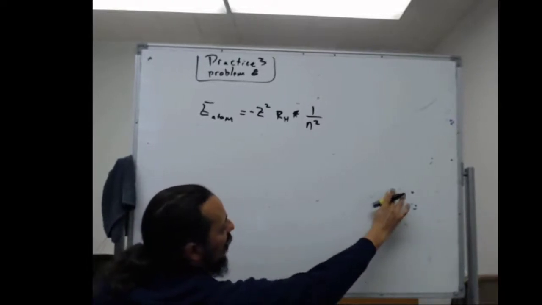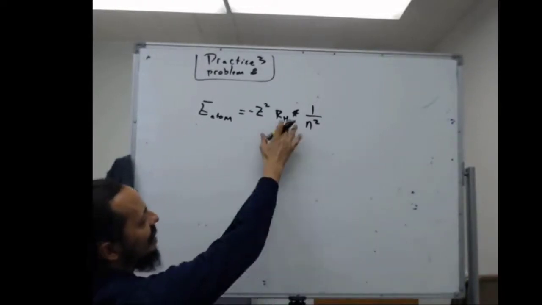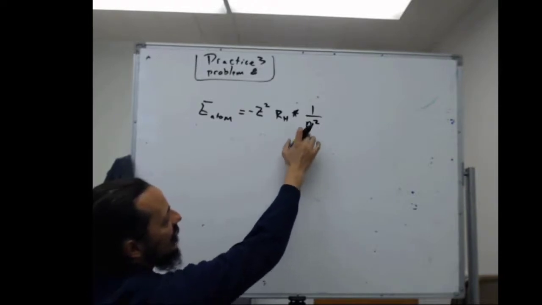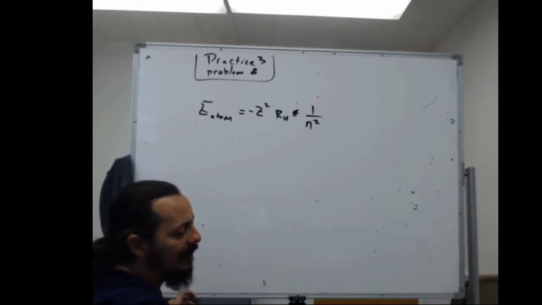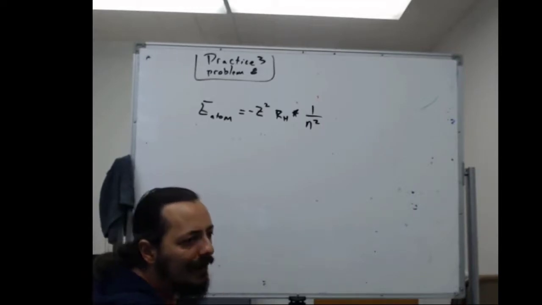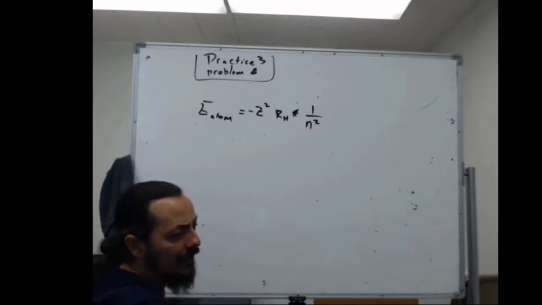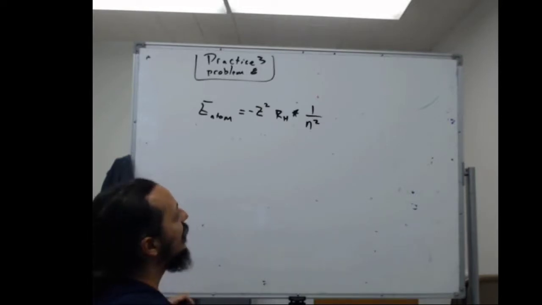Now, there's a lot of conceptual understanding that's necessary to make sense of this. These n values are counting numbers. They're 1, 2, 3, 4, 5, and they're representing stable orbits or just kind of solutions to the equations of interaction between the nucleus and the electrons.